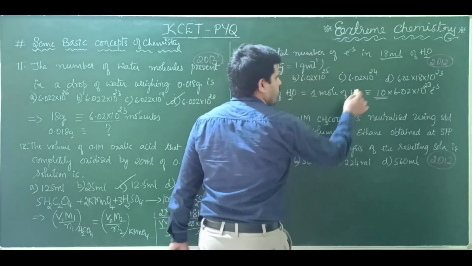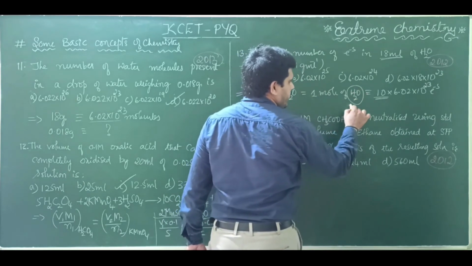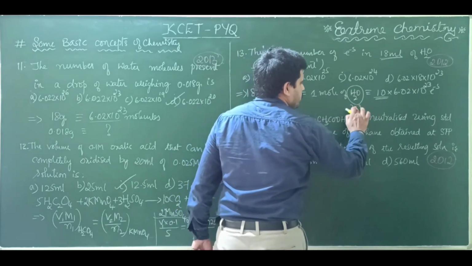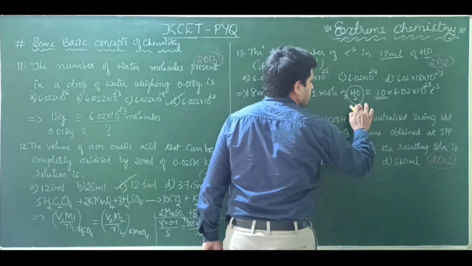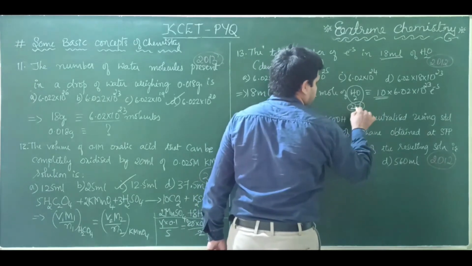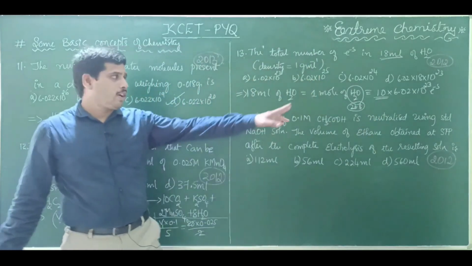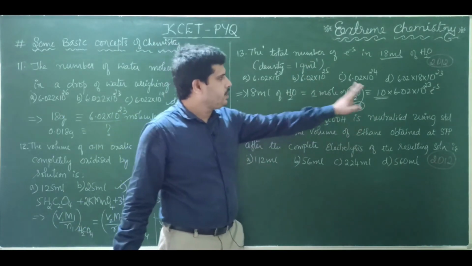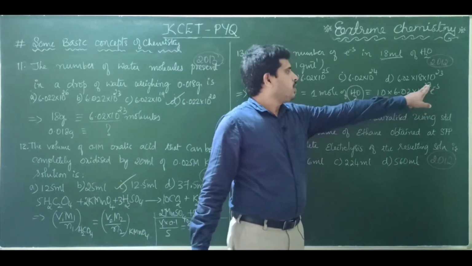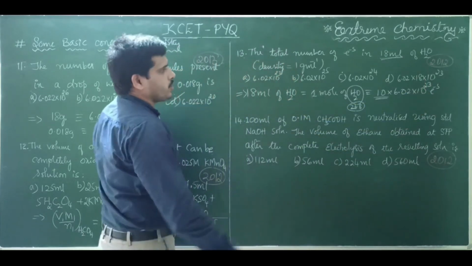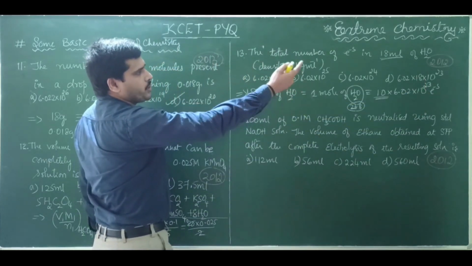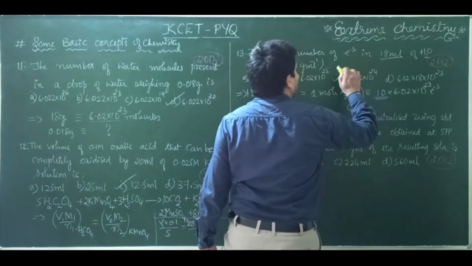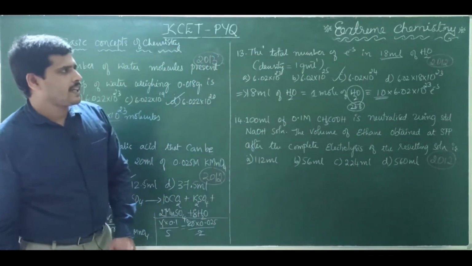Why this 10? Because 1 molecule of water will contain 2 plus 8, totally 10 electrons: oxygen 8 electrons, 2 from hydrogen. So 10 into 6.02 into 10 to the power 23, totally 6.02 into 10 to the power 24. So your option C is the right answer for that.